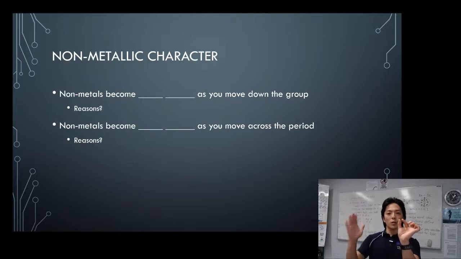Now, the outermost shell is where the electron will be accepted to make an anion. If the distance is further, then the affinity that the nucleus will have for the outer shell electron is much lower. Therefore, as you go down a group, non-metals will have less reactivity.